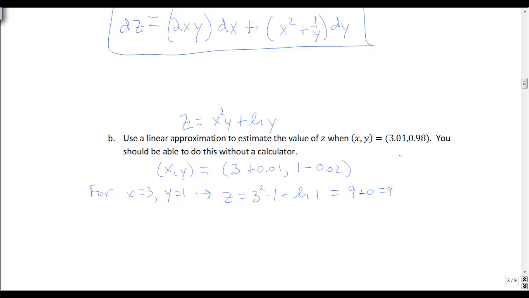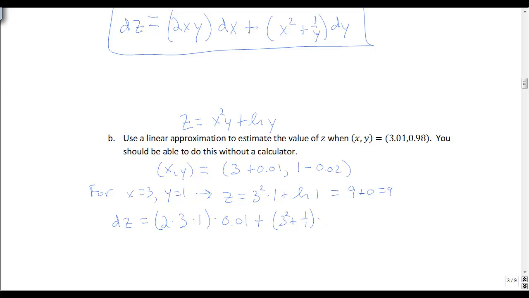To do better than that, we're going to calculate this differential, dz. That's going to be 2 times our x, which is 3, times our y, which is 1, times dx, which is how much we changed x by. So that's 0.01. Then we get x squared plus 1 over y, so 3 squared plus 1 over 1.